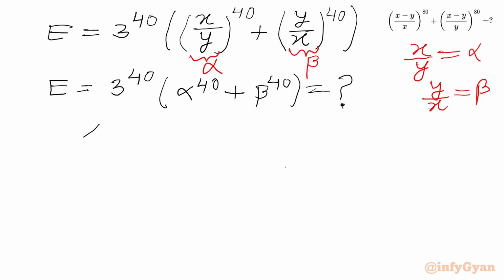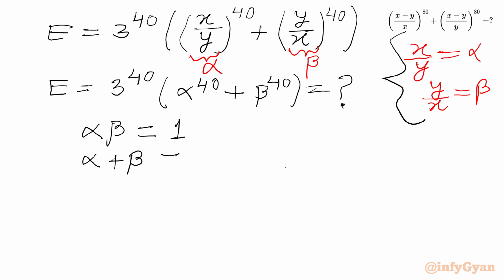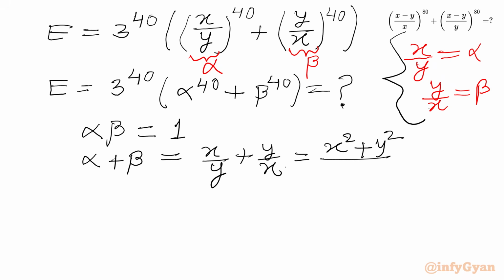Now we will find alpha times beta. Alpha is x over y and beta is y over x, so we will get alpha times beta equal to 1. If we find alpha plus beta, then we are going to add x over y with y over x, so we will write x square plus y square in the numerator and xy in the denominator.